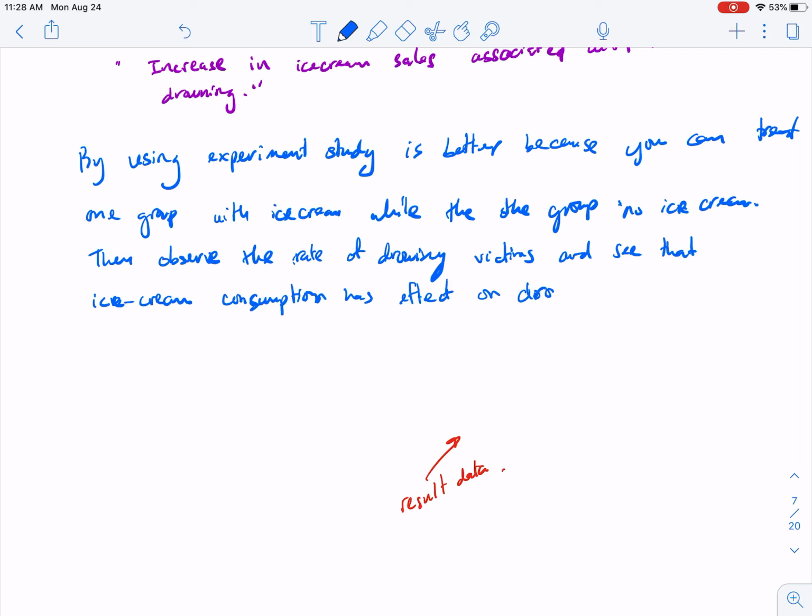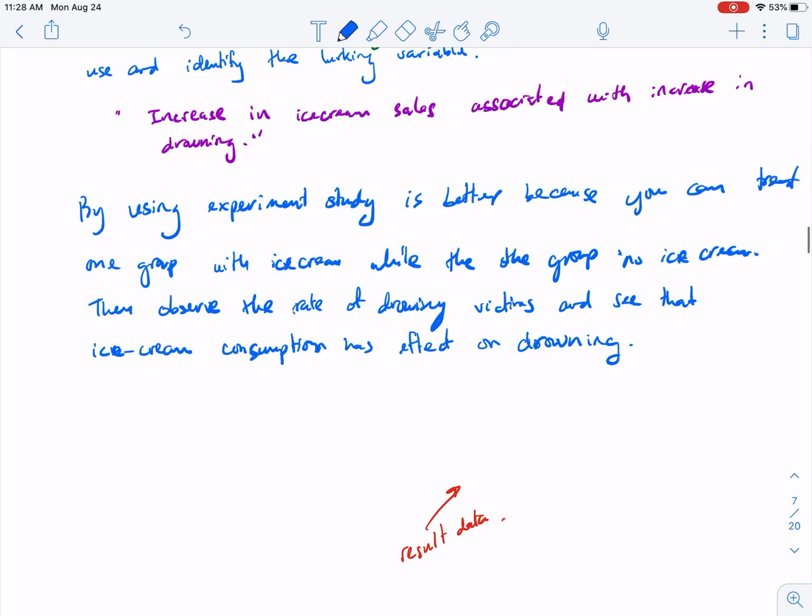So you feed one group ice cream, you don't feed the other group ice cream, and you observe how many of those people who eat ice cream actually drown or not. So in this case, certainly there's no causation, it's just a correlation.